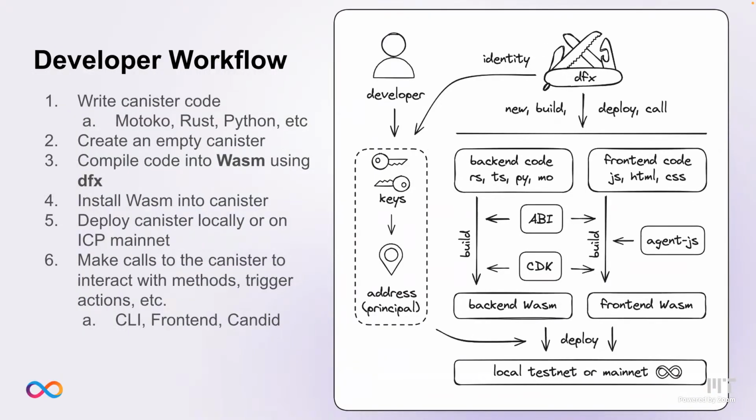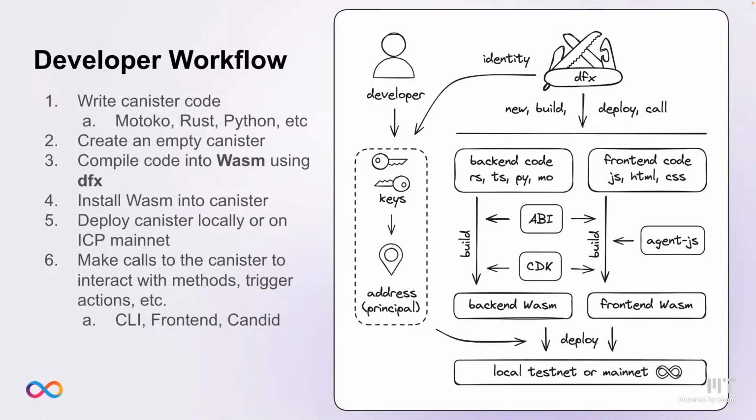So typically on ICP, the developer workflow looks something like this. The TLDR of it is you're going to write your canister code, and then you're going to use DFX to create an empty canister. You're going to compile that code into a WebAssembly module.